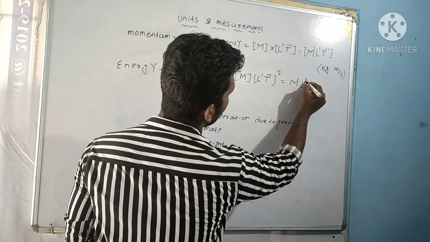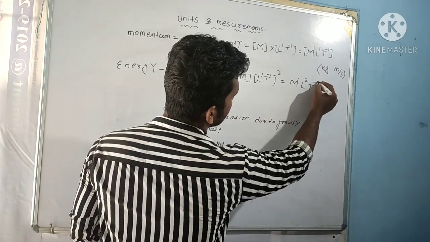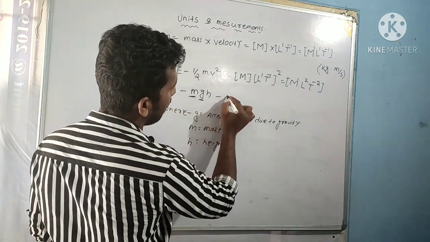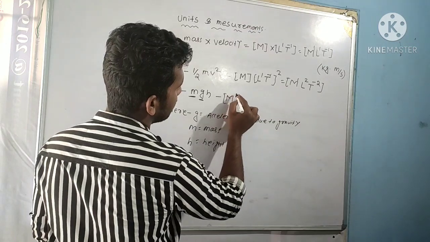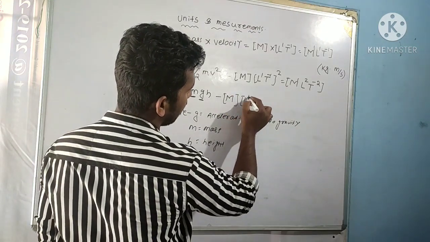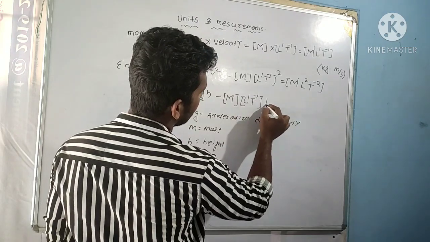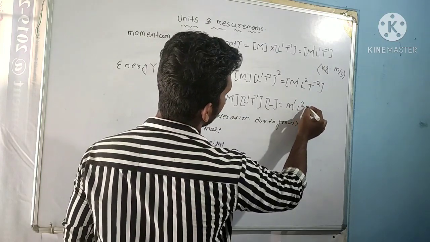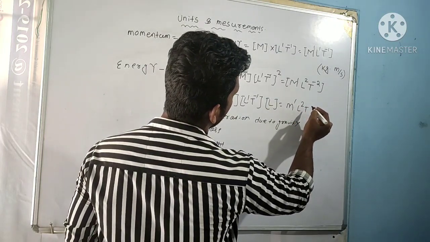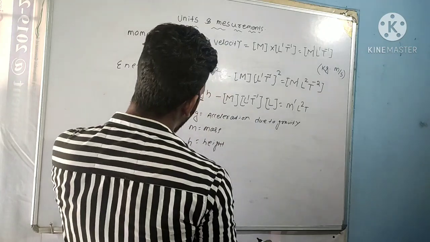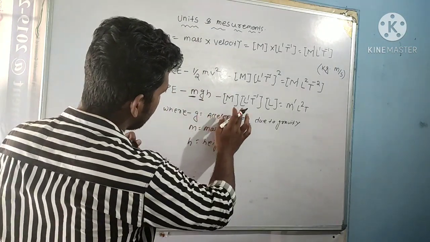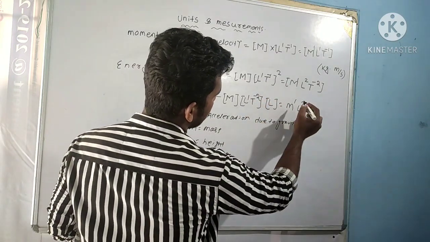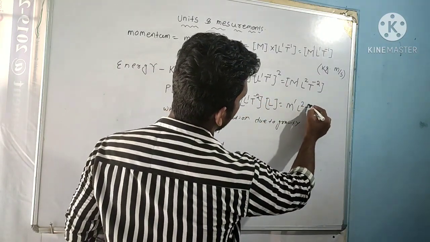So this is m1 L2 t minus 2. Now for potential energy: mass m, g is the acceleration due to gravity, so acceleration is L1 t minus 2. Height is a length, so this is L. So this is m1 L2 t minus 2.